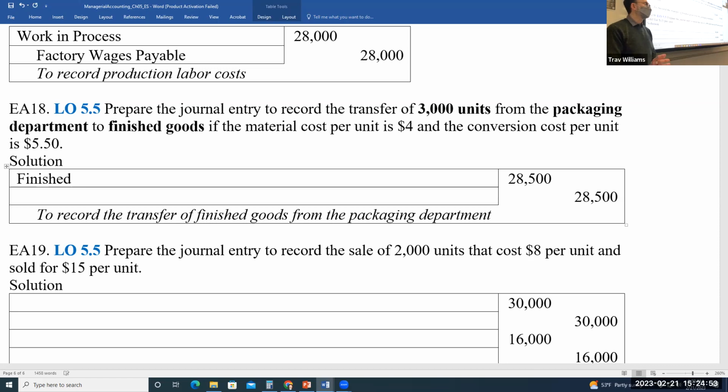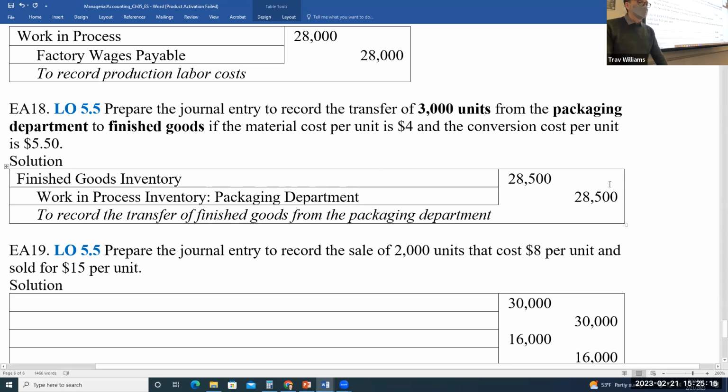Right, since these costs are being transferred into the finished goods inventory account, we would debit it. What account would we credit? Work in process. Yes, work in process inventory, and we might specify packaging department. So once the job's done, we're taking it out of that final department, moving it into finished goods.